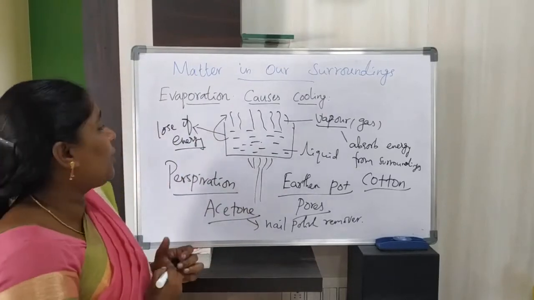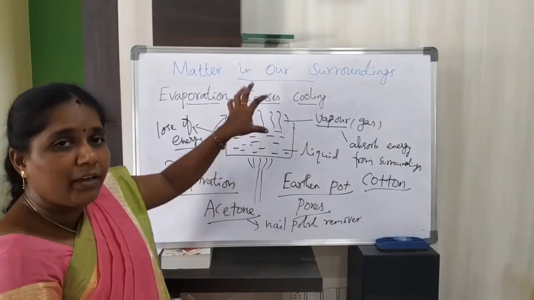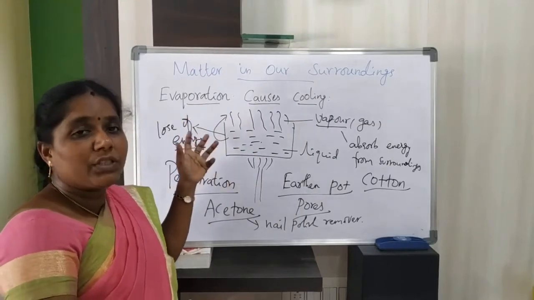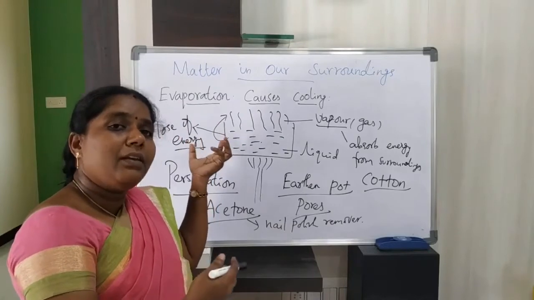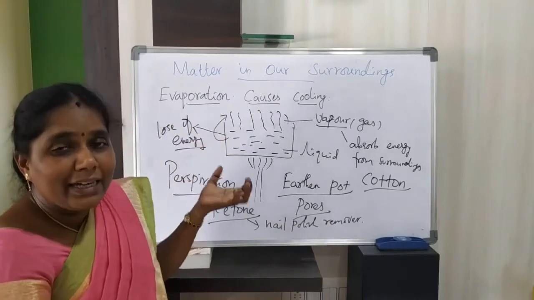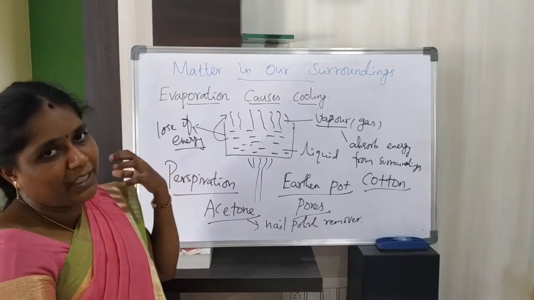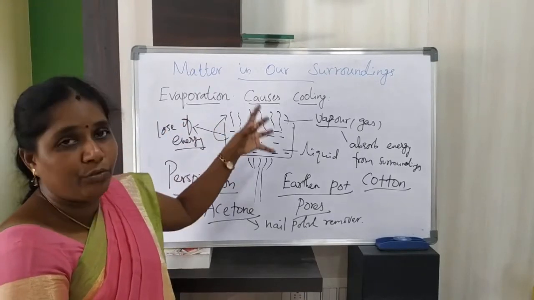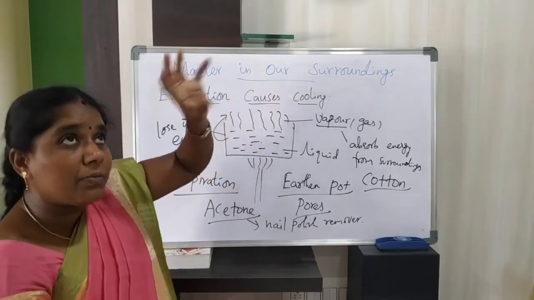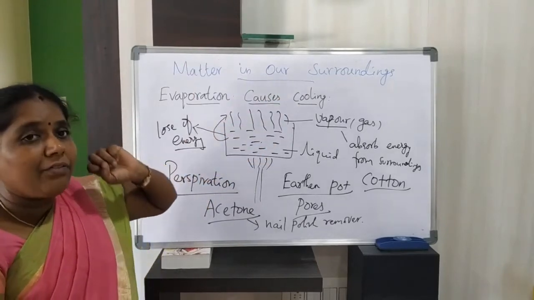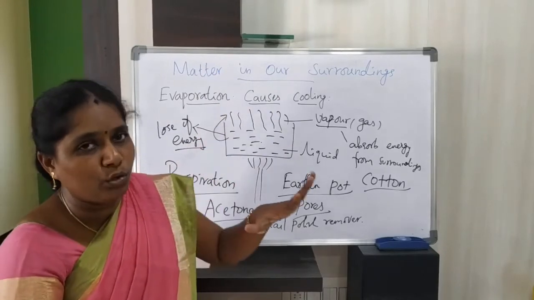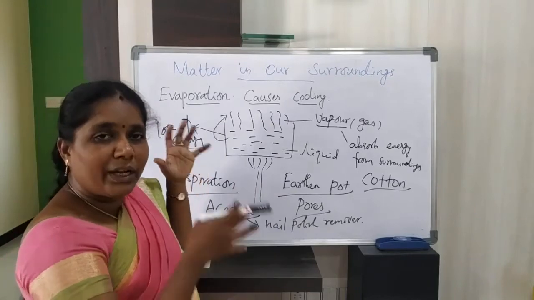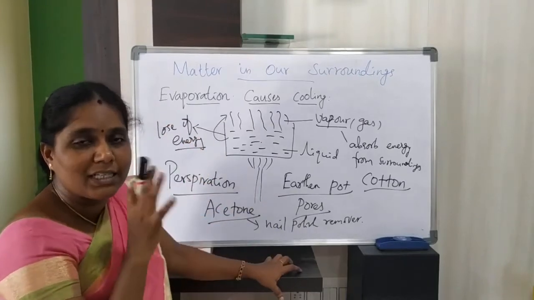After this conversion of liquid into vapor, the vapor particle will absorb energy from the surroundings and makes the particles cool. This process causes cooling after evaporation. So in this way evaporation causes cooling.